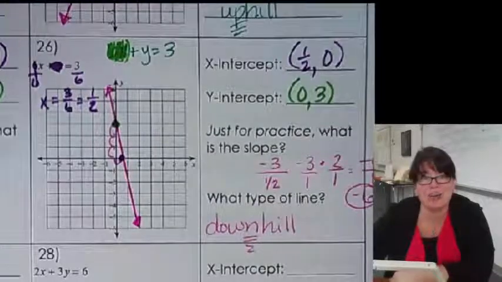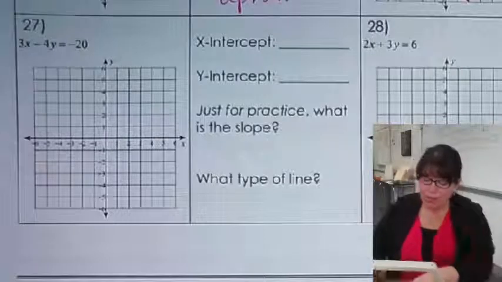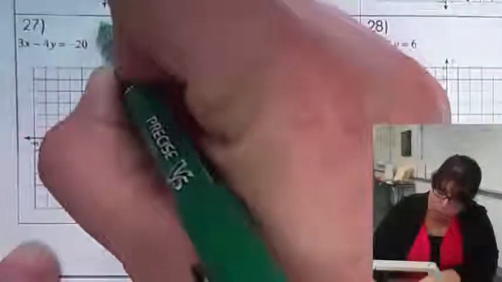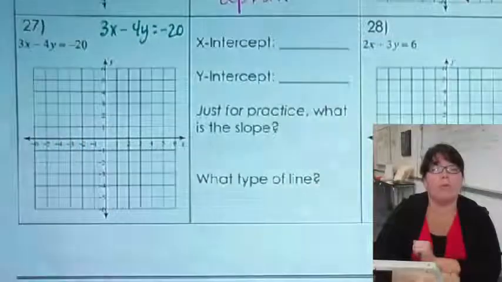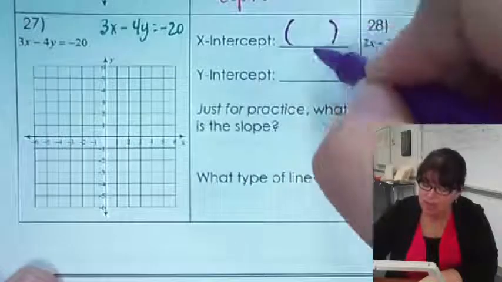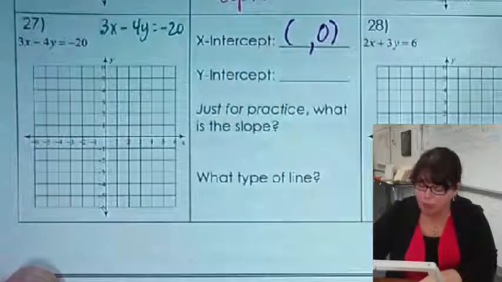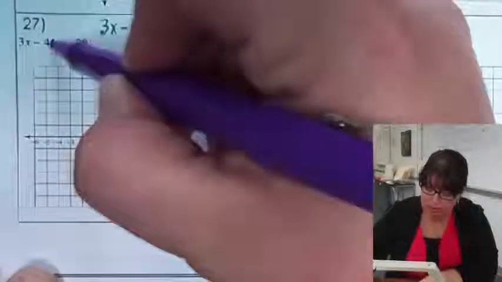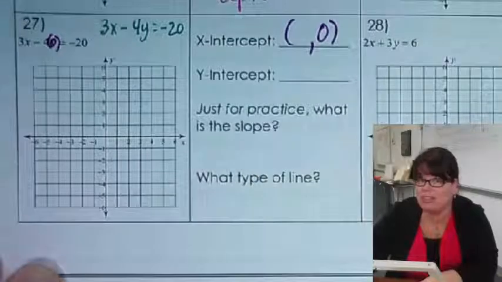Let's take a look at a couple more. All right, so for this one we have 3x minus 4y equals -20. We're going to take it one thing at a time. X-intercept, to find the x, we plug in 0 for y. So y goes in here. -4 times 0 is just 0.